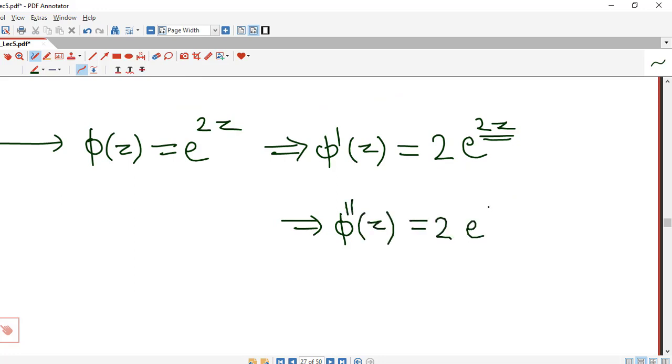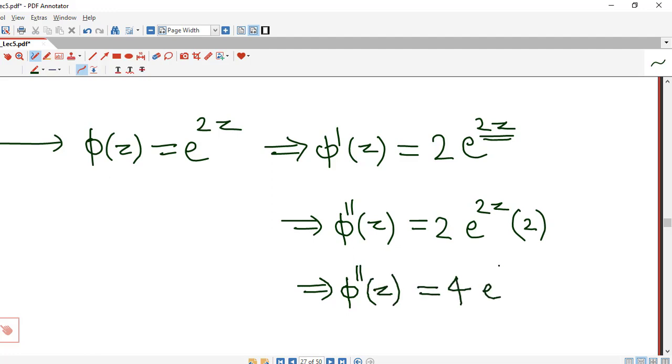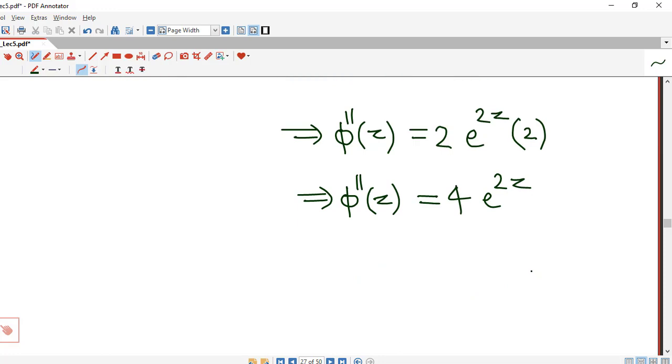So 2 as it is, e^(2z) into the derivative of 2z, which is 2. So this gives us the second derivative of phi equal to 4 times e^(2z), and we are interested in the second derivative at z = -1. So we have 4 times e^(-2), or 4 divided by e squared.